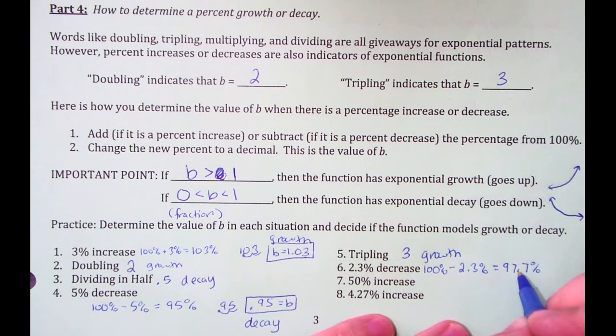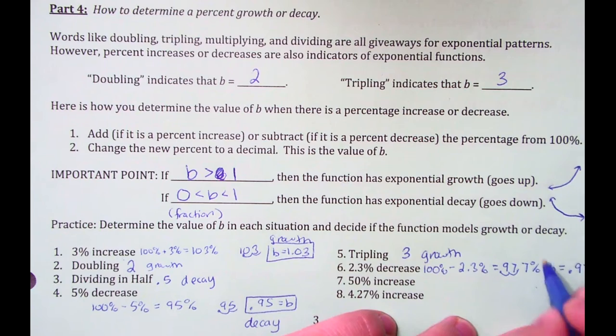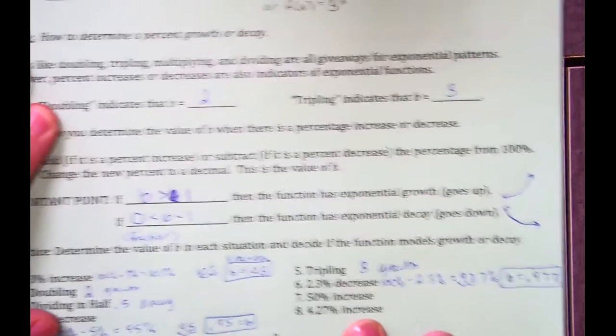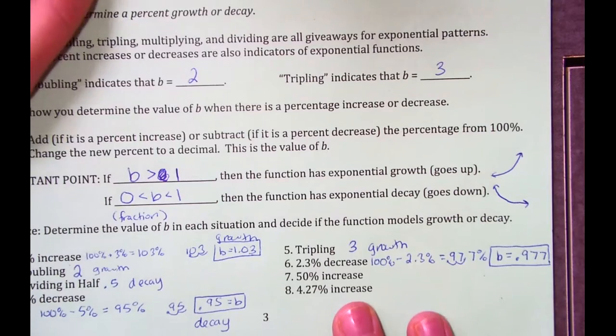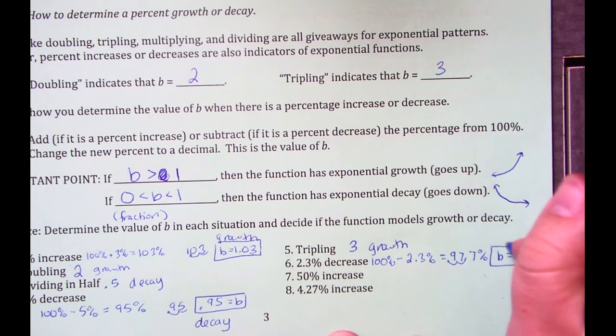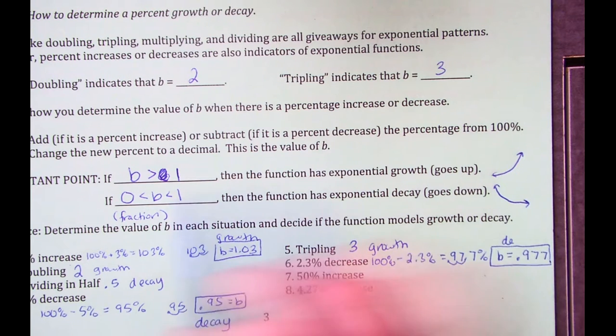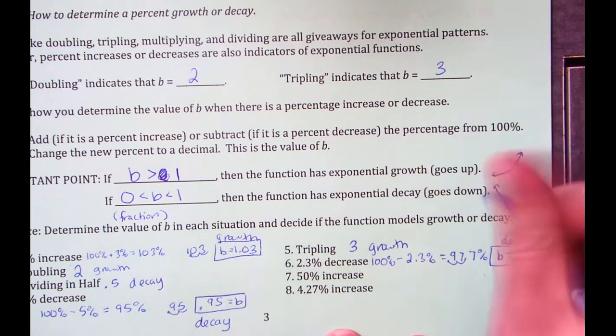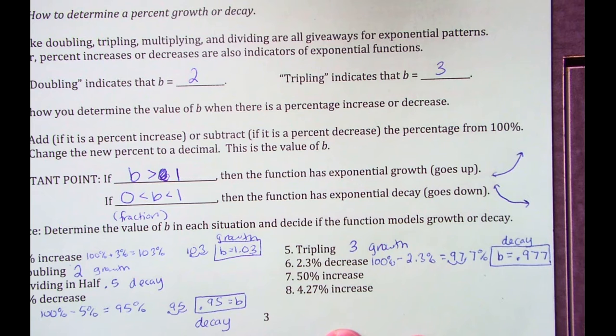Change that to a decimal, and b equals 0.977. And because 0.977 is smaller than 1, it's in between 0 and 1, that means we're talking about a decay.